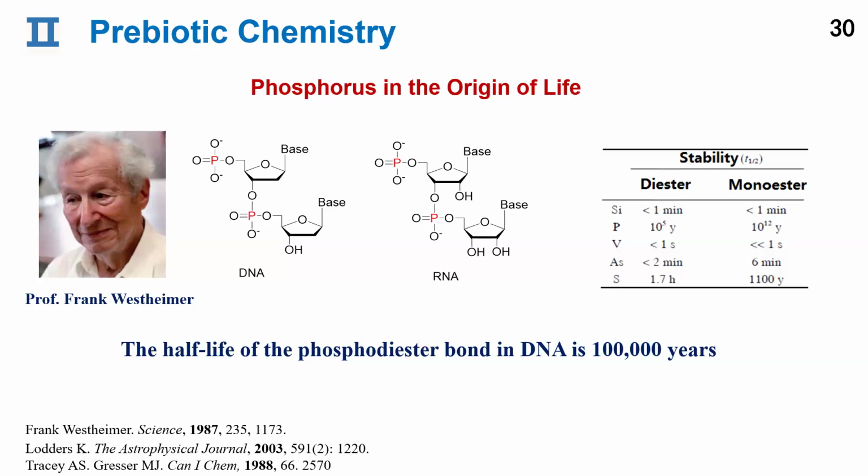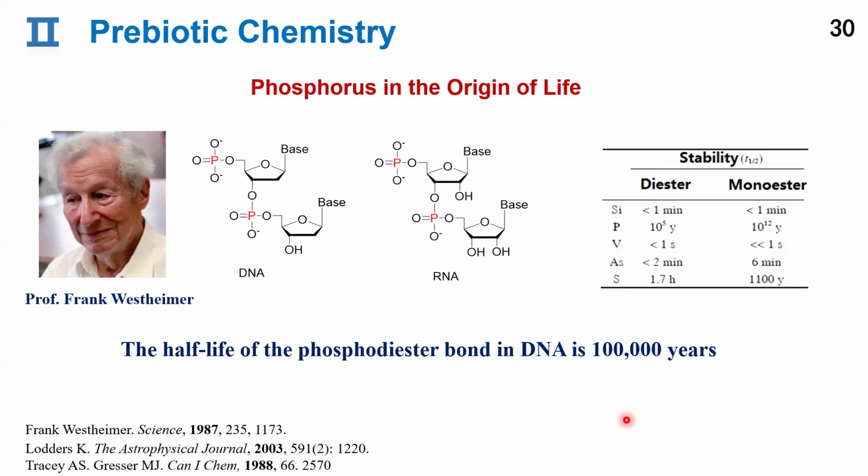He emphasized that phosphorus is not only reactive enough to support energy metabolism, but also exceptionally stable when incorporated into biological polymers. Here you can see that the phosphodiester bonds connecting nucleotides in DNA and RNA are remarkably resistant to hydrolysis.